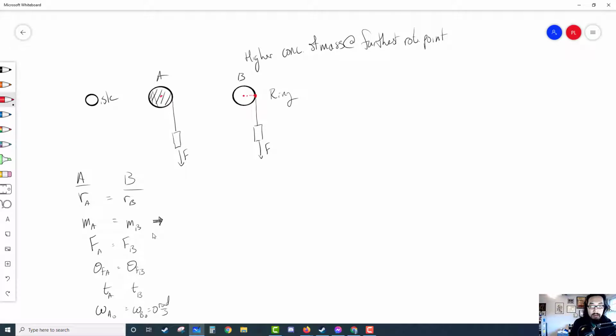We want to look at that radius r because that's where the force is acting, and A has a smaller concentration of mass.